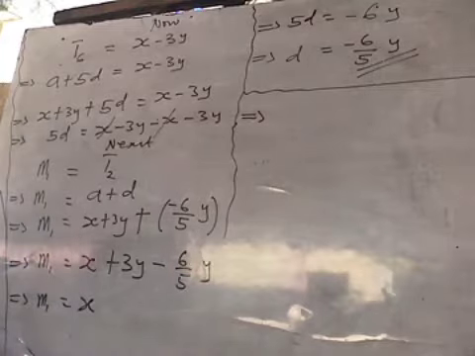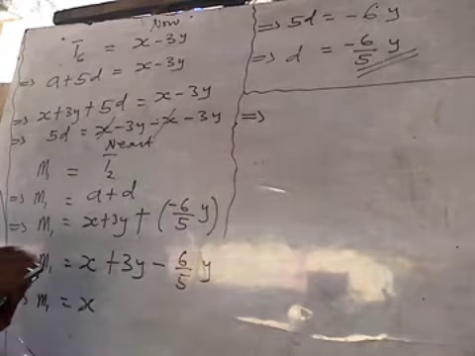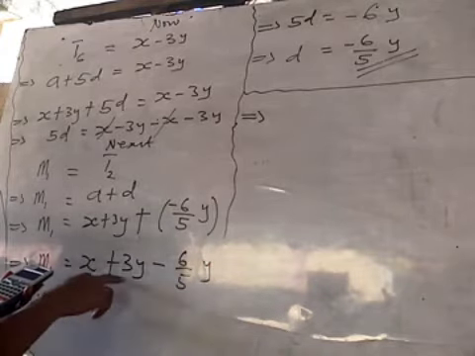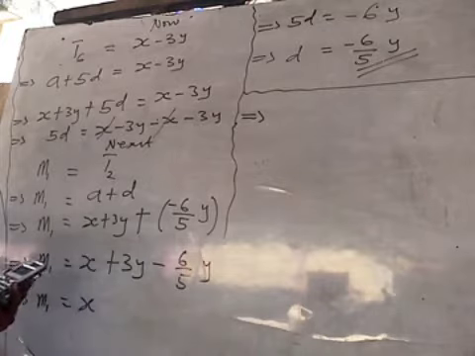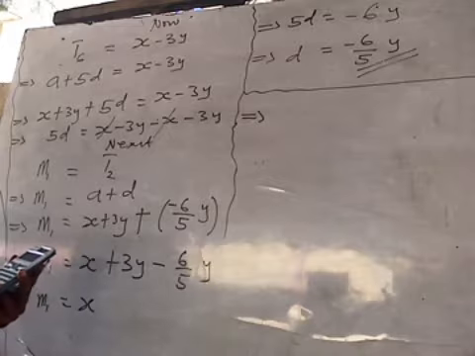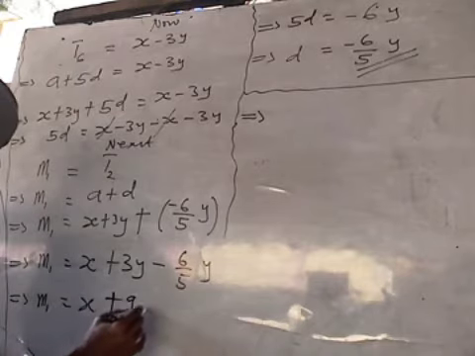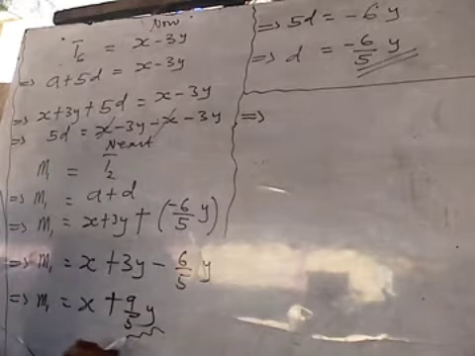Now, we have to resolve that. That is 3 minus 6 over 5. That will give us, this is 15, 15 minus 6 will give us 9. Okay, 3 minus 6 over 5 is 9 over 5. That gives us plus 9 over 5y. So this will be the value of the first mean.